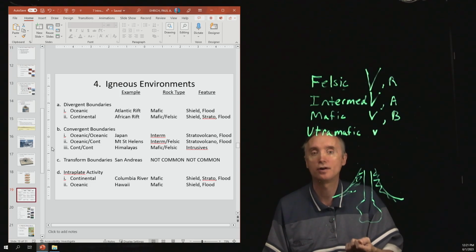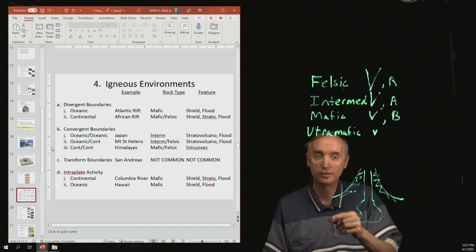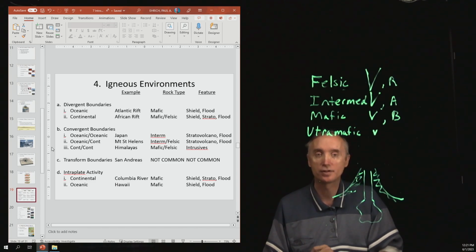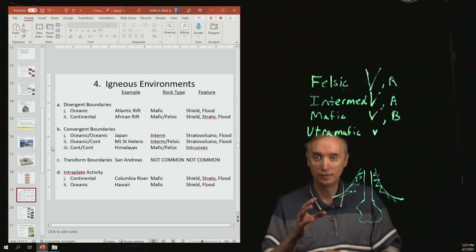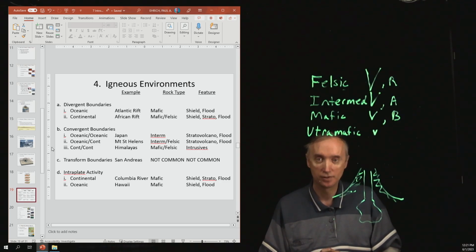Then it talks about what kinds of magmas and lavas and rocks are going to form as a result. And the very last column talks about what kind of volcano is going to form in these different environments. So make sure that you know that chart for the upcoming exam.